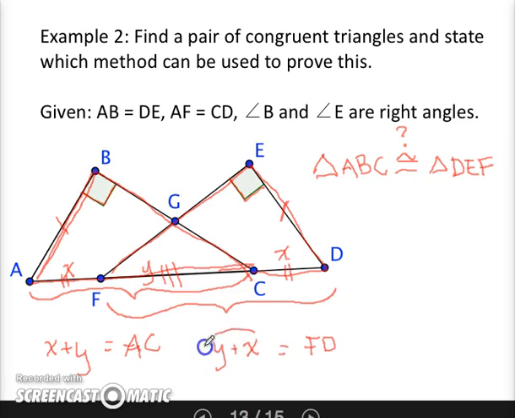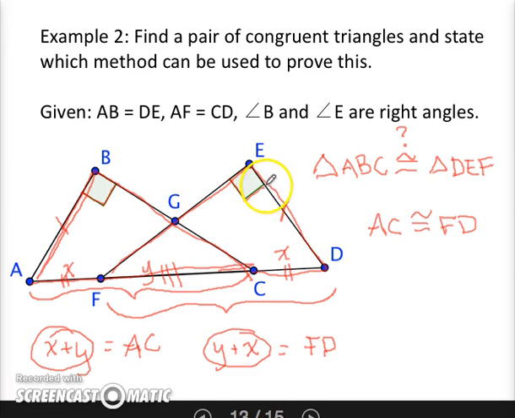Okay, Y plus X is the same as X plus Y. So it is true that AC and FD have the same measure and are congruent. So we have AC is congruent to FD. We also have ED congruent to BA, and we have two right triangles. So it looks like we're getting closer to the HL theorem.